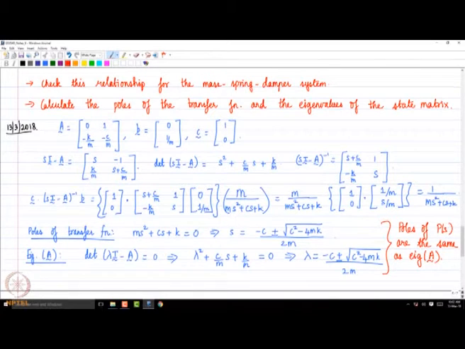So this is the realization. So the matrix A, the vector B, and the vector C are these for the mass spring damper system. So these are quantities which you already derived yesterday. So if you just work it out, calculate sI minus A and then sI minus A inverse. Of course, sI minus A inverse is going to be of course this multiplied by 1 by determinant of sI minus A, right.